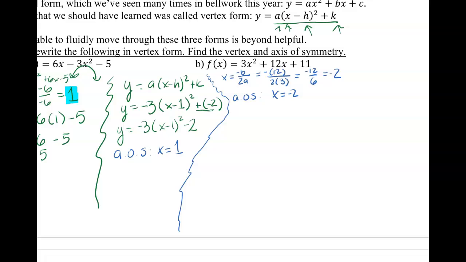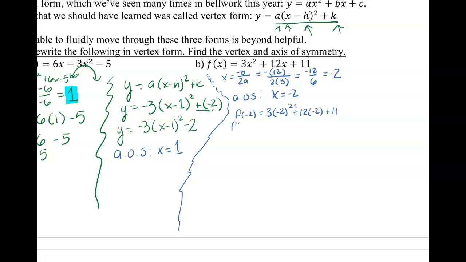Alright, that's cool. Well, now I can use this x coordinate and I can go into my original standard form and plug this in for x. So I should get f of -2 should be equal to 3 times the quantity of -2 squared plus 12 times -2 plus 11.